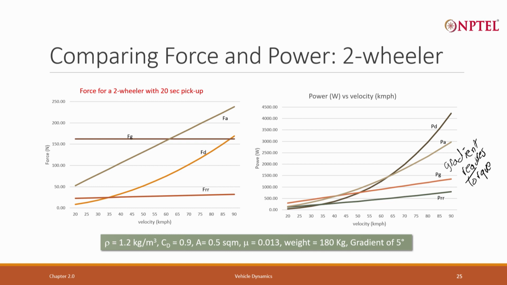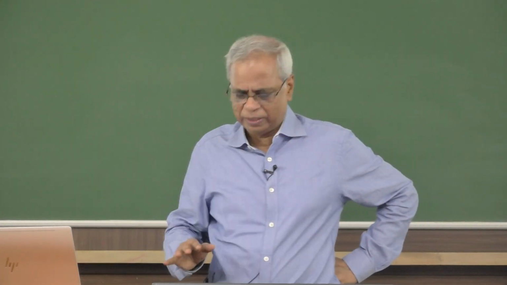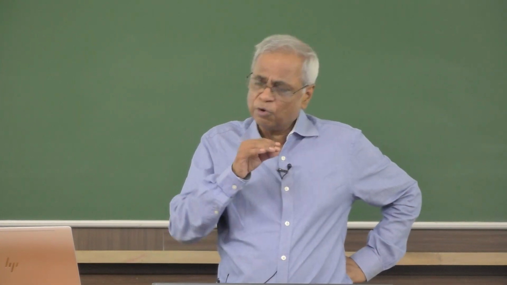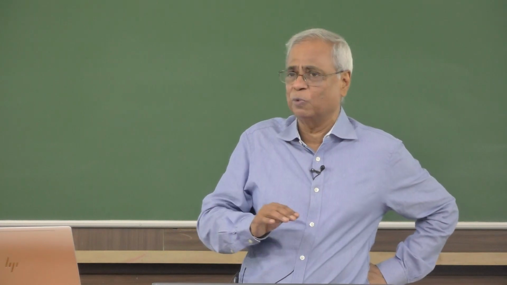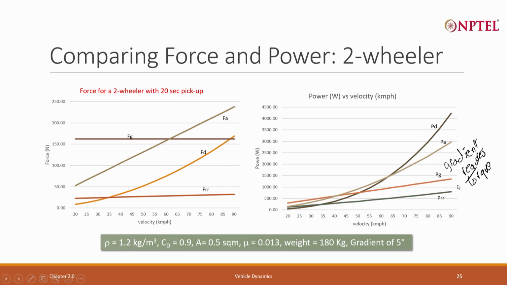So, if you have a 6 kilowatt motor, it will give you enough to go to 80 kilometer per hour. And you will require about a 9 kilowatt motor at 90 kilometer per hour. This is what you can see. If I go to 90 kilometer per hour, my drag is approximately 4.5 kilowatt.